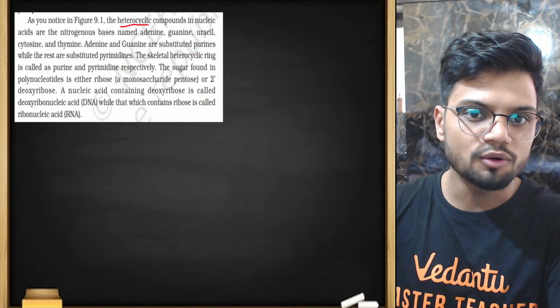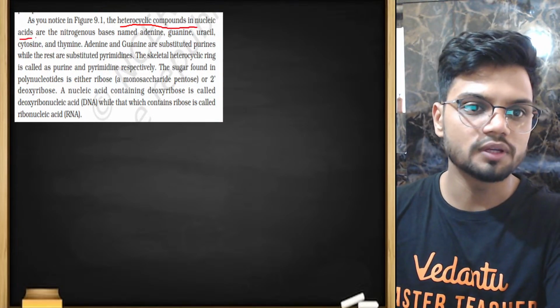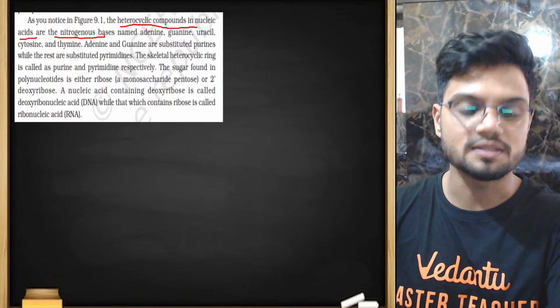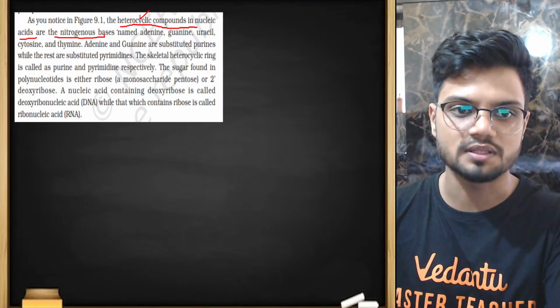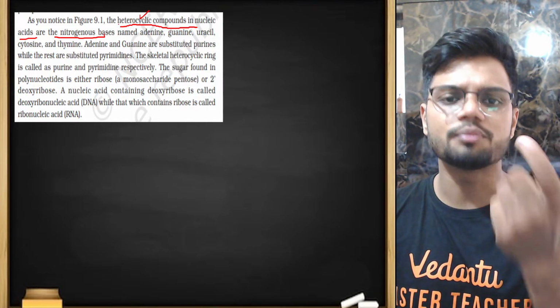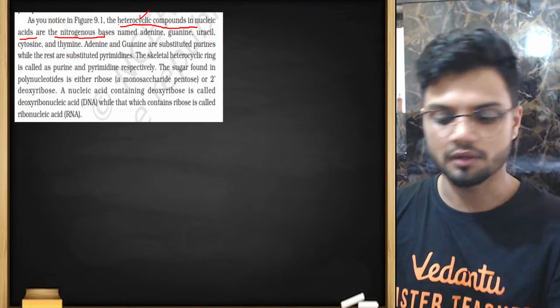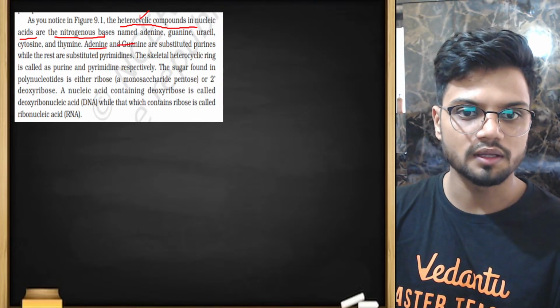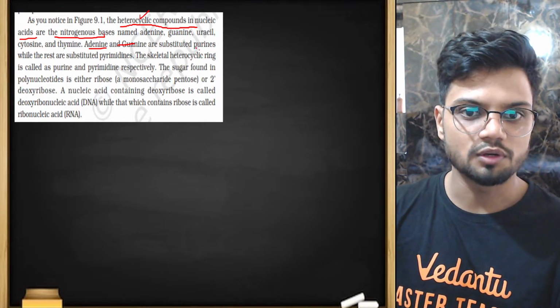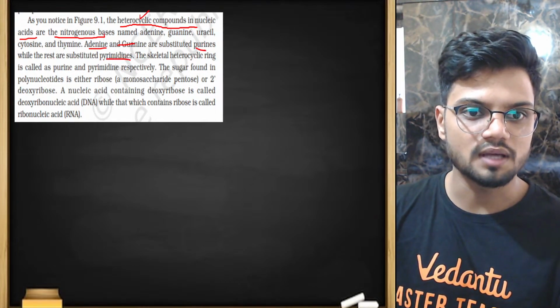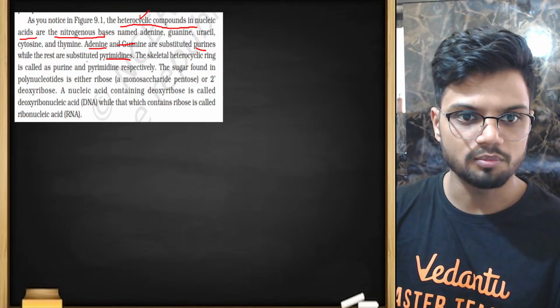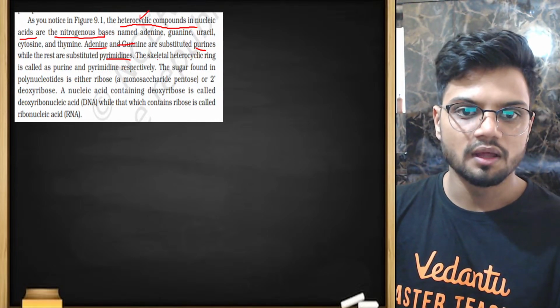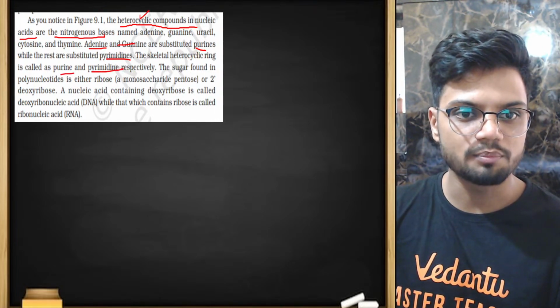The heterocyclic compounds in nucleic acids are the nitrogenous bases. They could be purines and pyrimidines, like adenine and guanine, which are purines, while the rest are the pyrimidines. The skeletal heterocyclic rings are called purine and pyrimidine respectively.